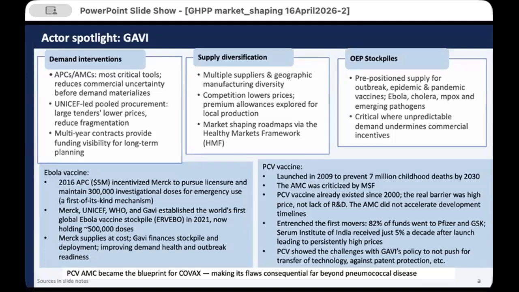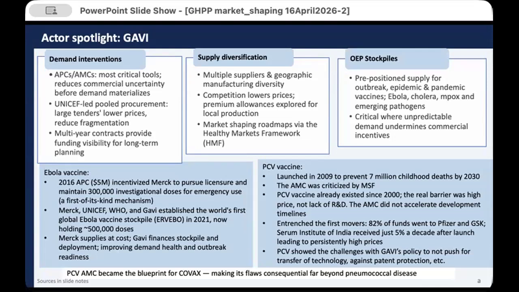Instead, it entrenched the first movers, that's GSK and Pfizer, by giving them 82% of the total funds that were available, while the likes of Serum Institute of India just received 5% a decade after the PCV project was launched, resulting in persistently high prices. Underlying this was Gavi's broader policy stance, not pushing for technology transfer and not working against patent protection.